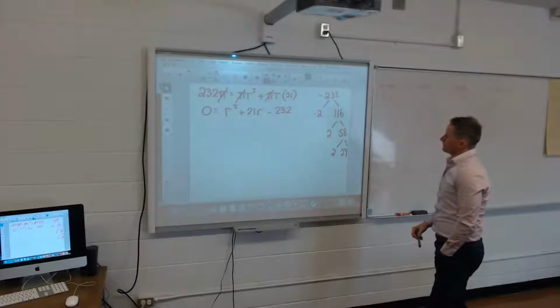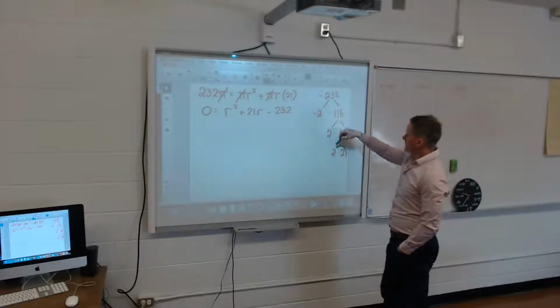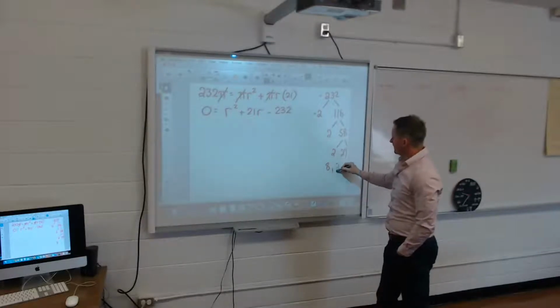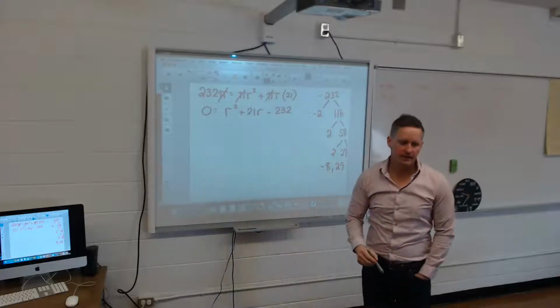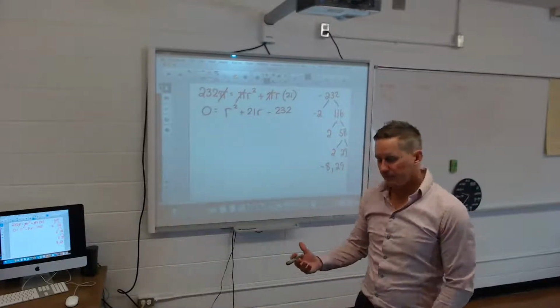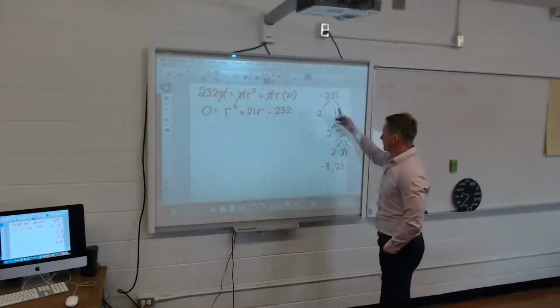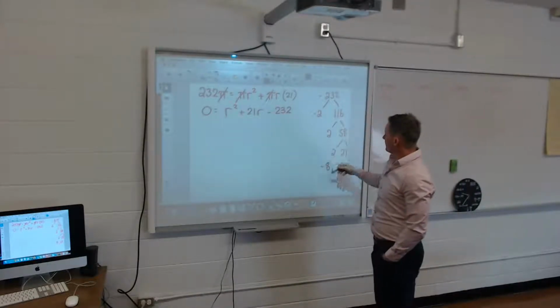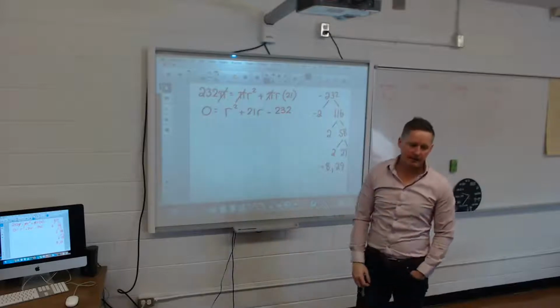Okay. So 2 times 2 times 2 is 8. So my factors are 8 and 29. And that would have to be a plus, and that would have to be a minus. Okay, so I used my prime factorization. Didn't use the calculator. I just started with 2 because I knew that it went into it evenly.